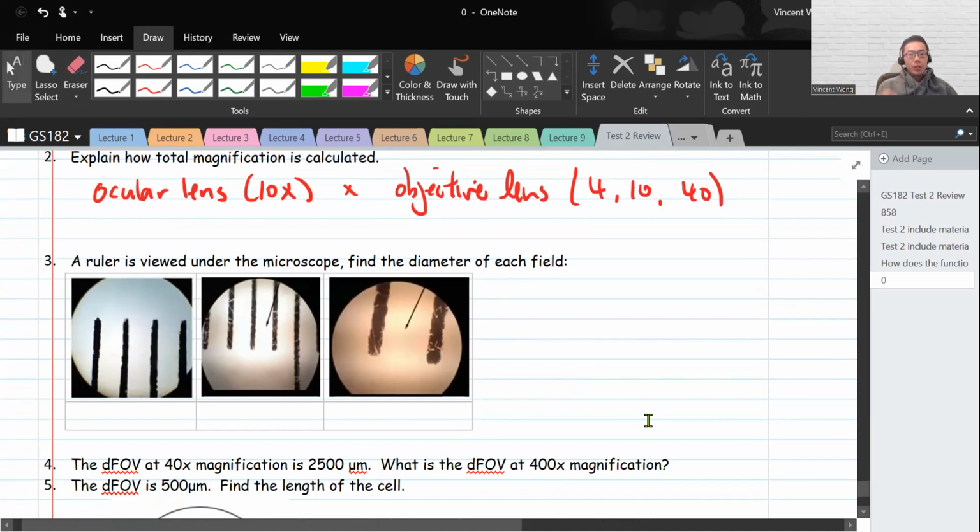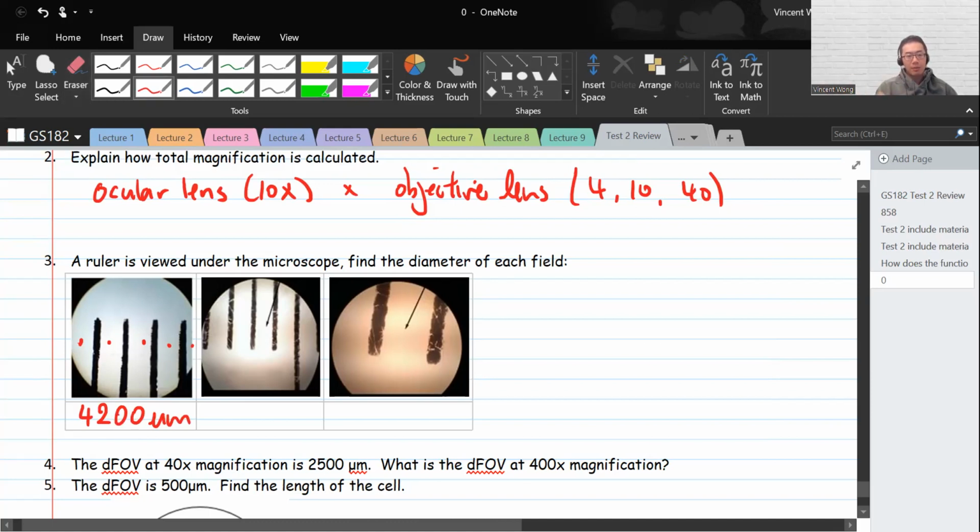A ruler is viewed under the microscope. Find the diameter of each field. Okay, so let's see. It would be 1, 2, 3, 4 and a bit here, right? So we'll say maybe 4.2 millimeters, right?